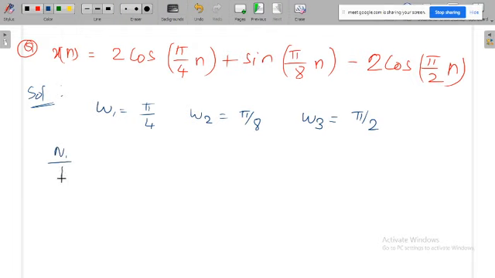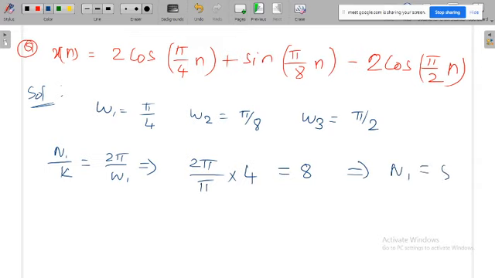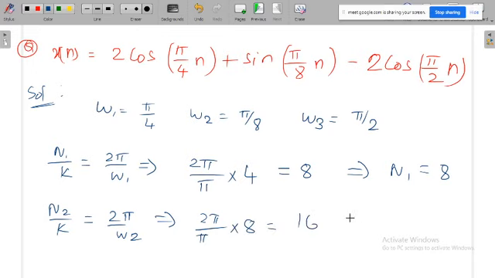Then n1 is equal to 2 pi by omega 1, which is 2 pi by pi by 4, so 8 is the answer. n2 is 2 pi by omega 2, 2 pi by pi by 8, so 16 is the period of this signal.